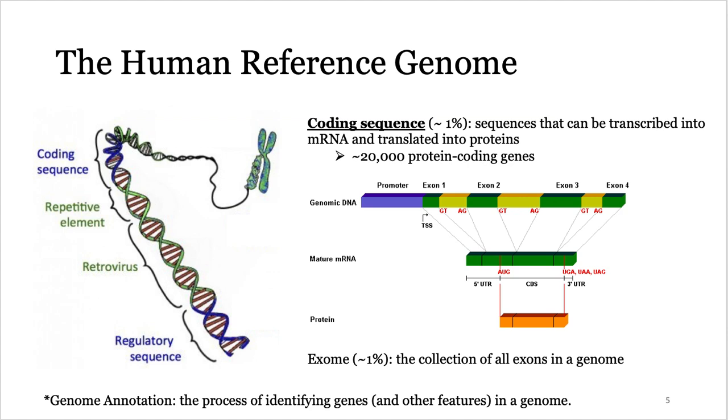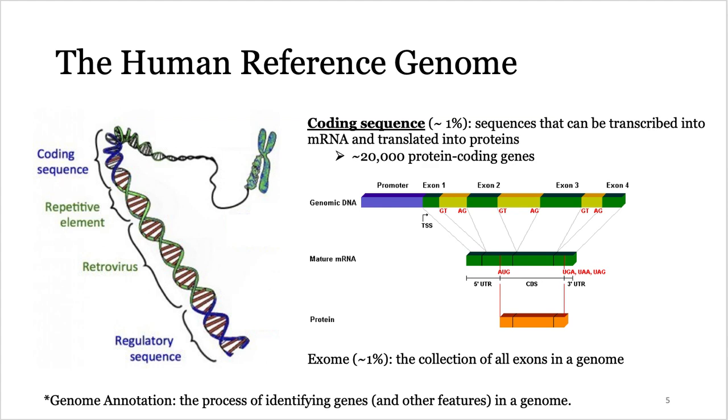Genome annotation is basically trying to make sense of the genome, to determine where the sequences that encode proteins are and where the sequences that regulate the expression of those genes are. It's the process of identifying genes and other features in the genome, for example repeats, insertions, and deletions from transposon elements.